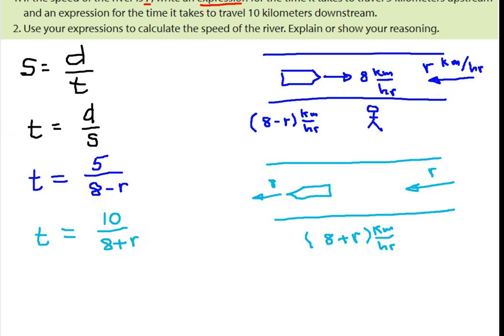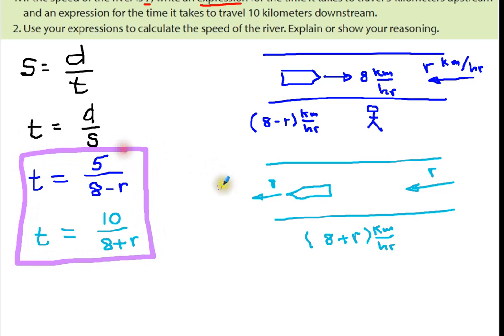And so we've answered the first question, which was to write expressions for the time it takes to go 5 kilometers upstream and the time it takes to go 10 kilometers downstream.